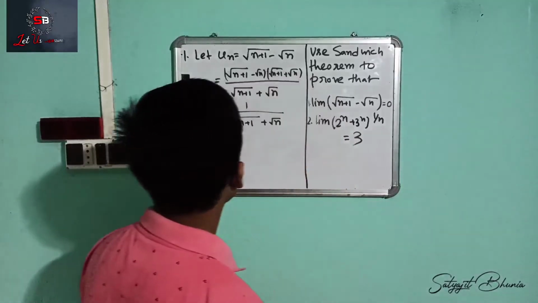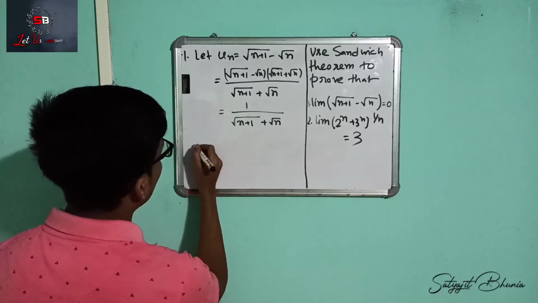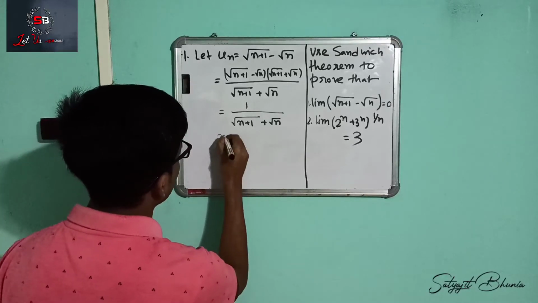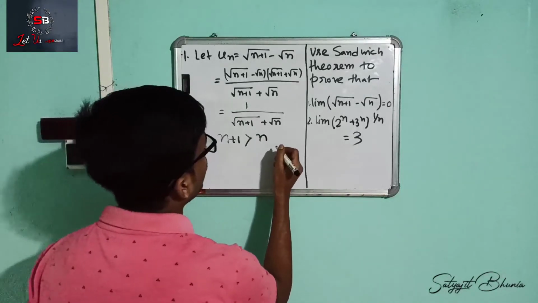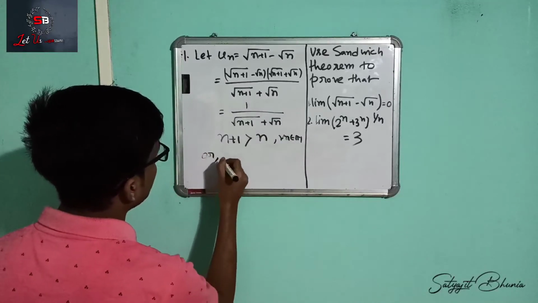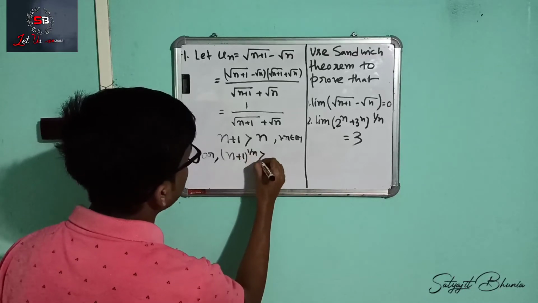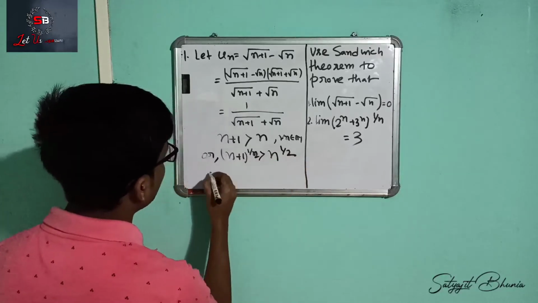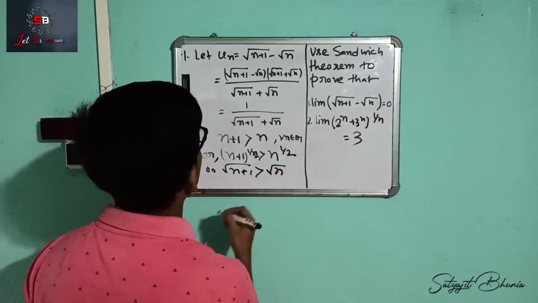For this we know that n plus 1 is greater than n, for all n belongs to capital N, or n plus 1 to the power half is greater than n to the power half, or root n plus 1 is greater than root n.